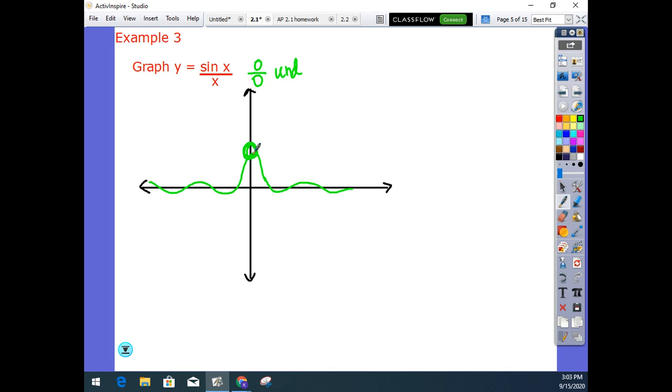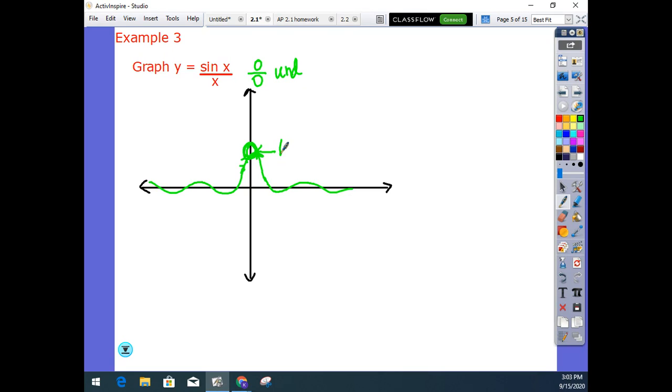My question is, what y value is the graph close to? What y value is the graph close to? So if you kind of trace it with your calculator, you can see it's getting closer and closer and closer to 1.